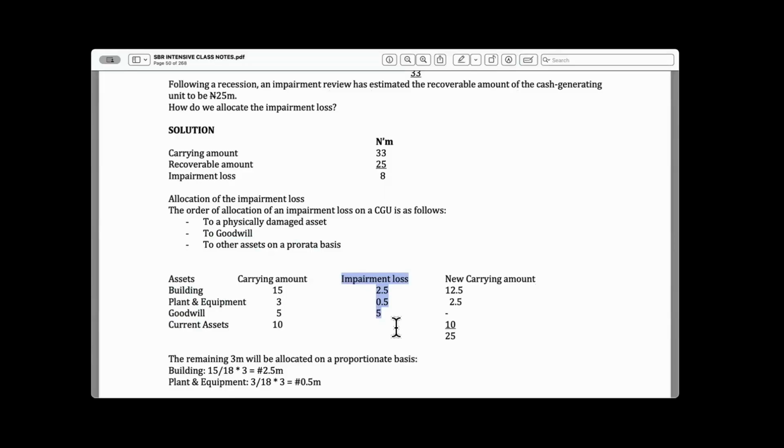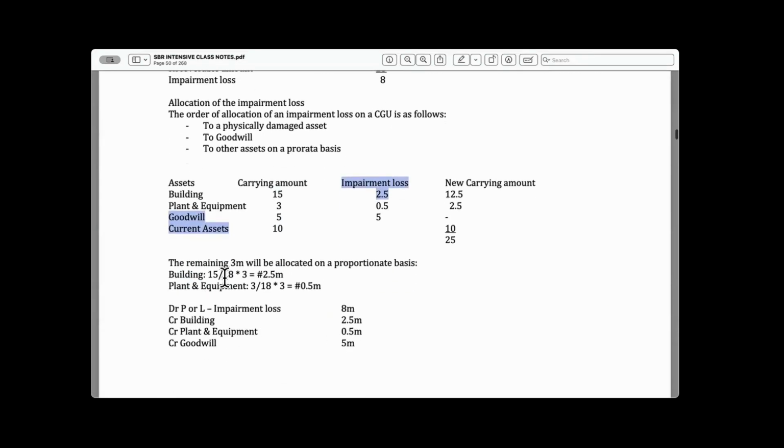So the remaining 3 million, we shared it to building and plant using their relative values, their carrying amount. That was why building has 15/18, which is 15 divided by the addition of these two, multiplied by the remaining impairment loss. The same thing for equipment, this 3 million divided by the addition of these two, multiplied by 3 million.